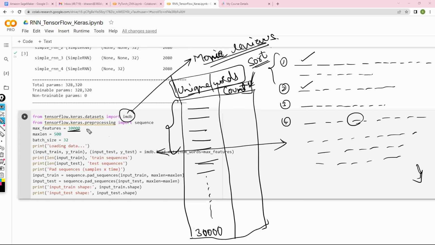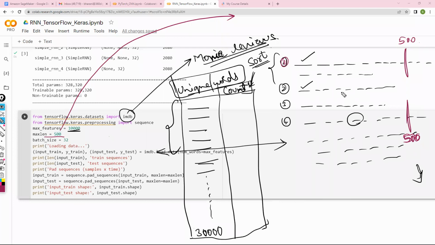Now you also have something called max length equal to 500. So all you're saying is, if a review has say 1,000 words, cut it off at 500 words. If a review has 2,000 words, cut it off at 500 words. Cut off each and every review at 500 words only.